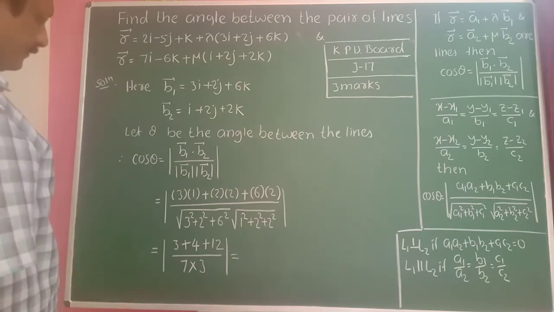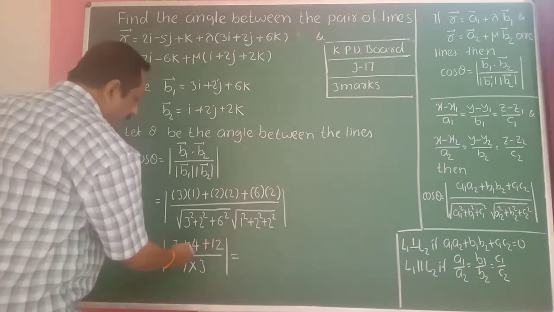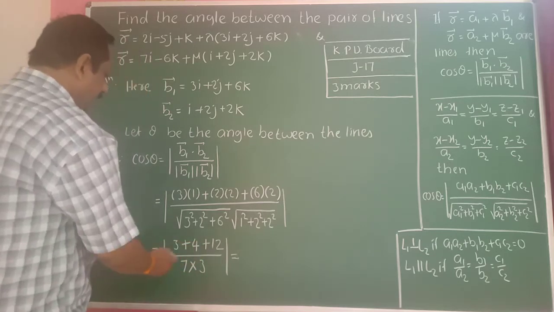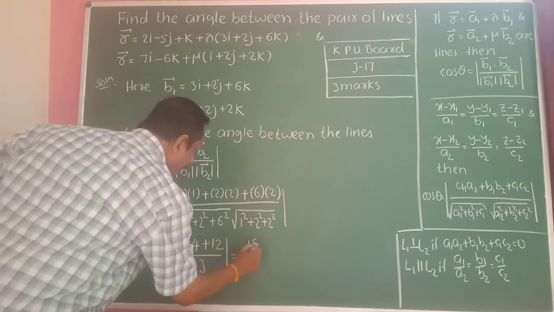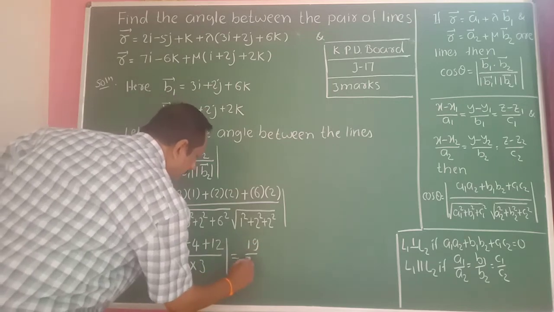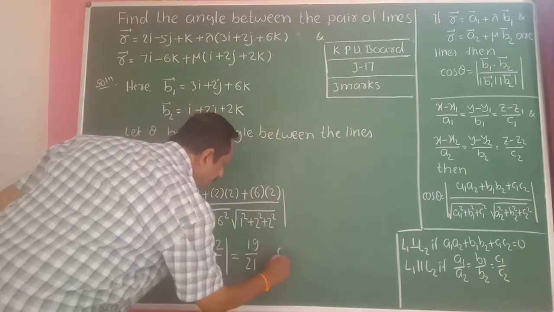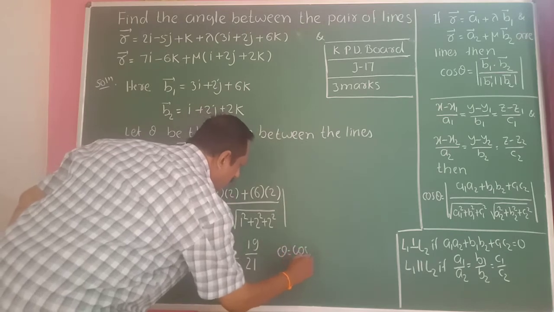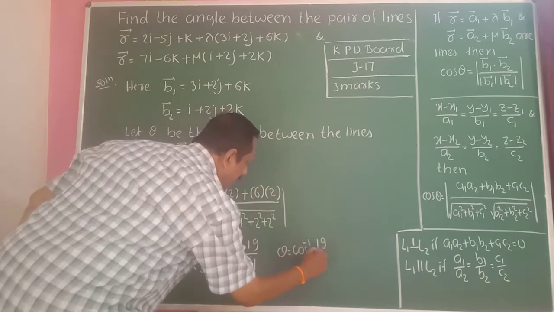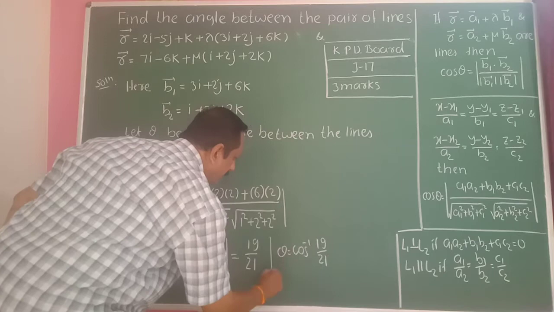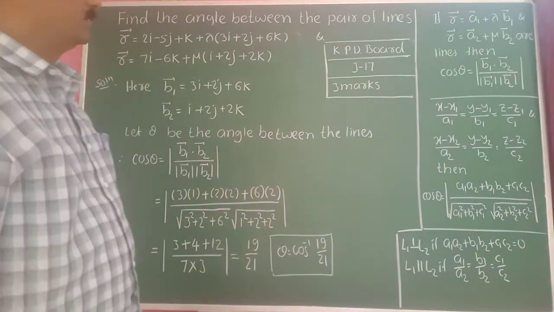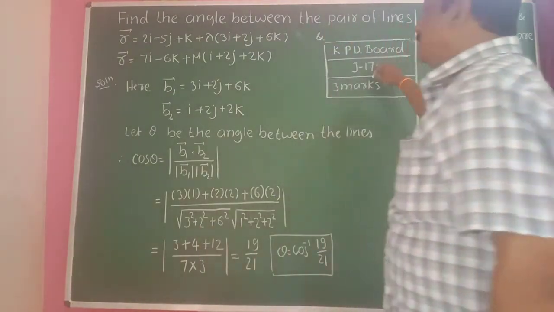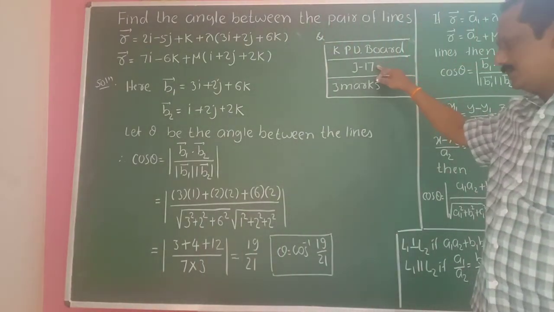So therefore the sum of the numerator is 12 plus 4 16 plus 3 19, and 7 3s are 21 here. Hence theta is equal to cos inverse of 19 divided by 21 here. So this is the answer here. 3 marks question asked in July 2017 here.